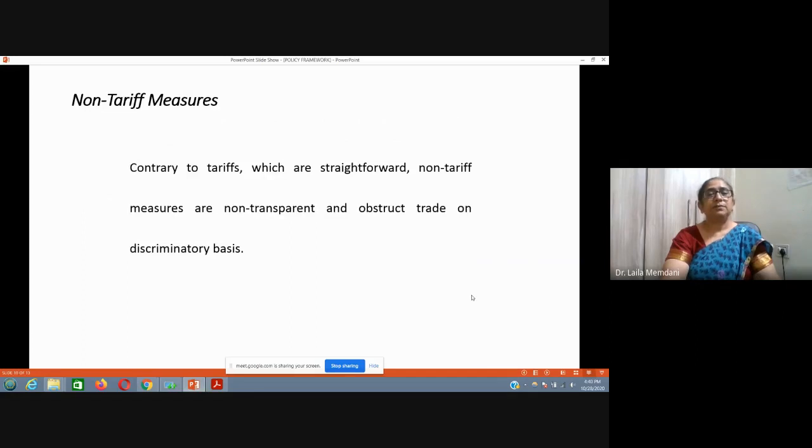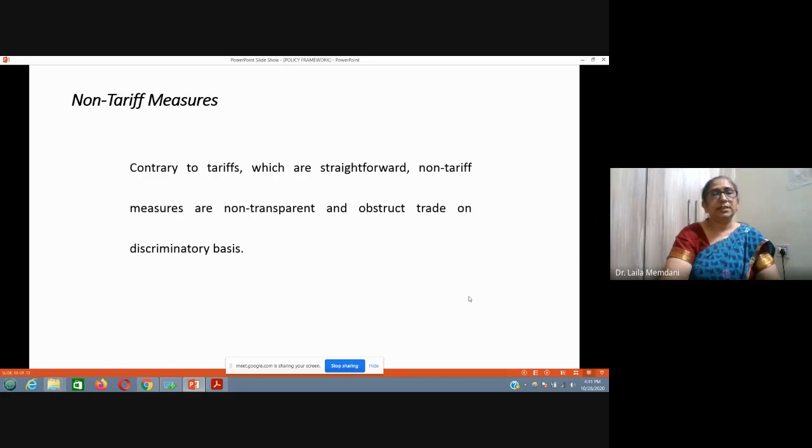Then there are non-tariff measures. Non-tariff measures are contrary to tariffs, which are straightforward. Non-tariff measures are non-transparent and obstruct trade on a discriminatory basis. So sometimes what government does is they may impose quotas or there may be a total ban on import of certain goods from certain foreign countries.